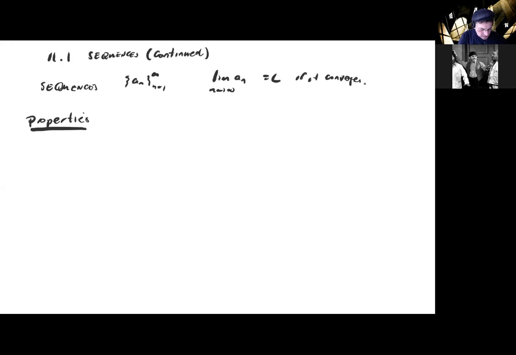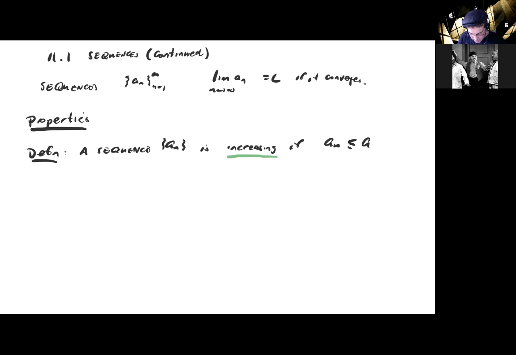So a property I want to talk about is, this is a definition, a sequence A sub n is said to be increasing if the nth term of the sequence is always smaller than the next term, the nth plus first term of the sequence, for all n, and of course n is starting at 1, so for all n bigger than or equal to 1.